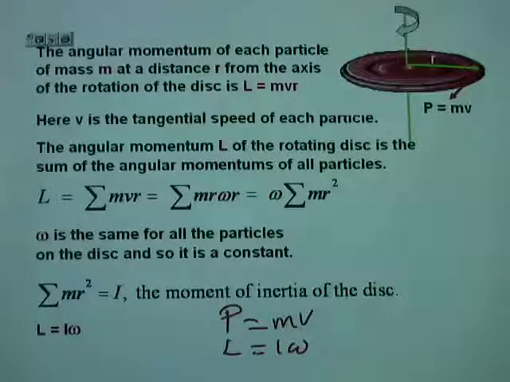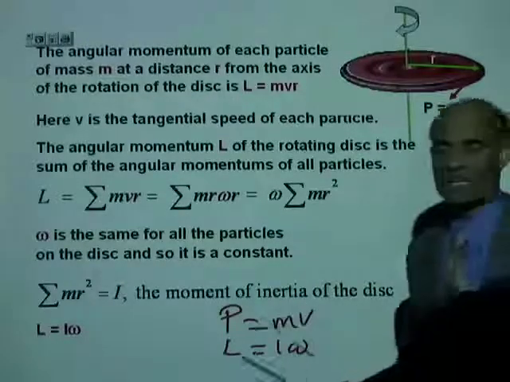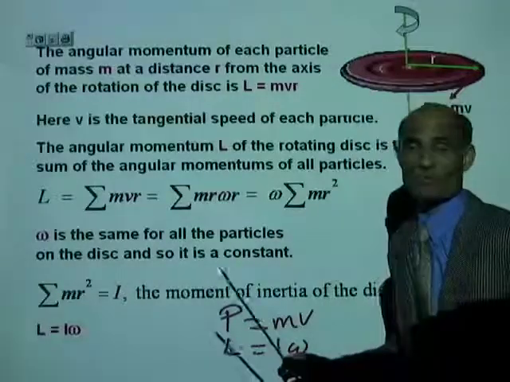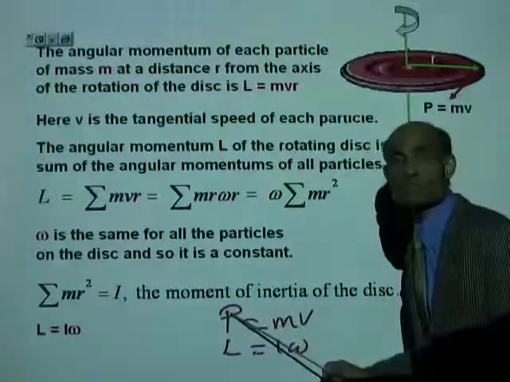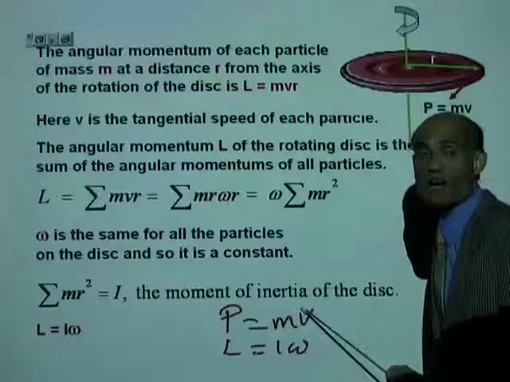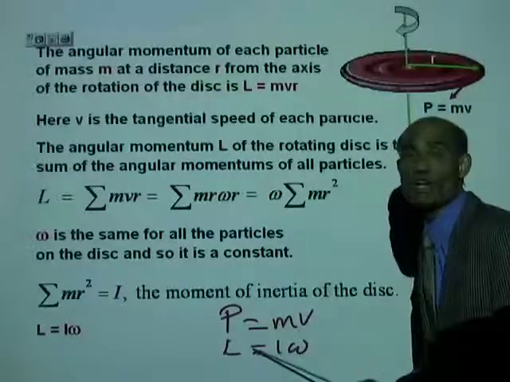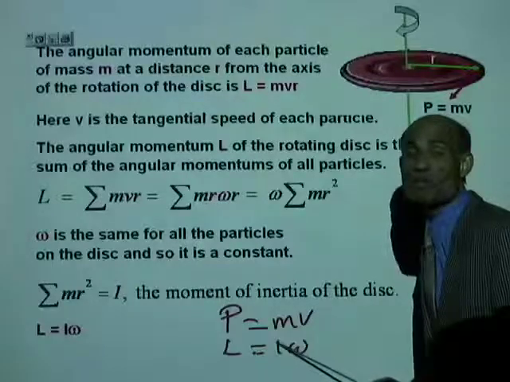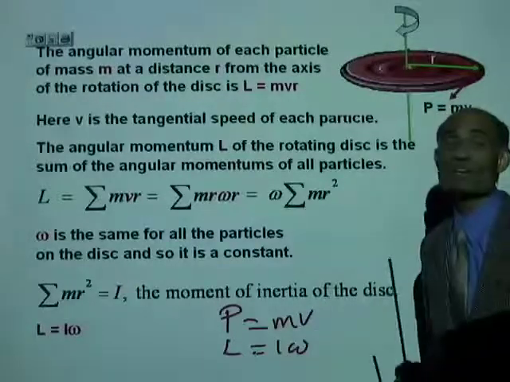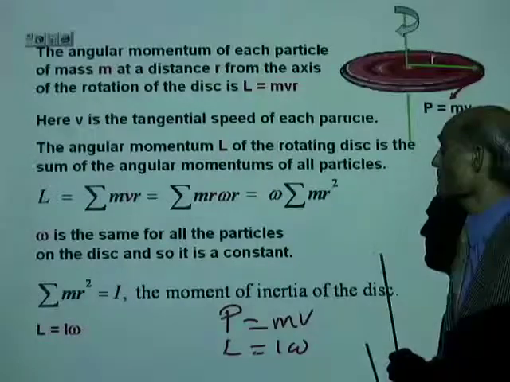I hope now you are able to appreciate the parallel nature of this. The linear momentum p equal to mass times linear velocity, angular momentum L equal to I, the moment of inertia, times angular velocity omega.